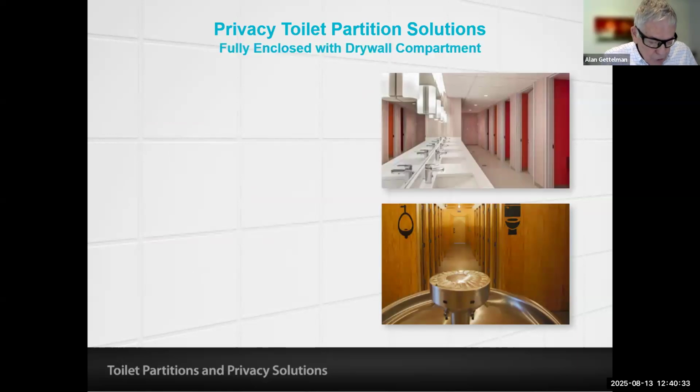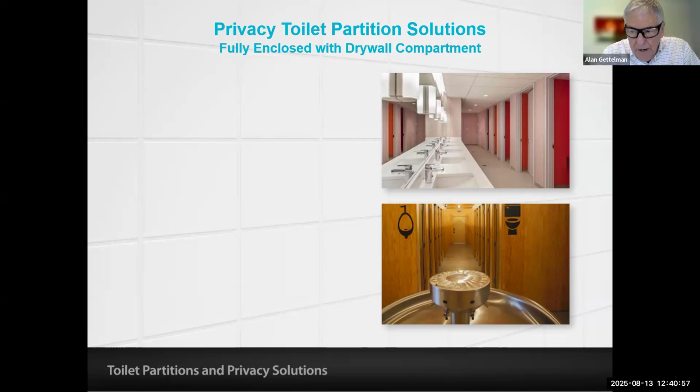A fully enclosed drywall toilet room involves the use of framing and drywall to create floor-to-ceiling partitions on both the fronts and the sides of each toilet room. Fully enclosed with drywall toilet room privacy solutions often share a sink in a common area.